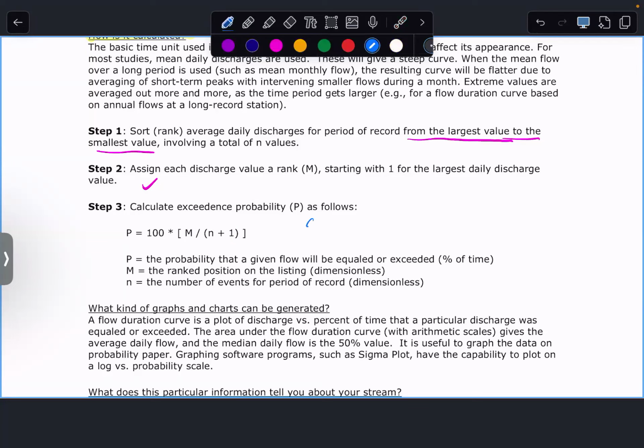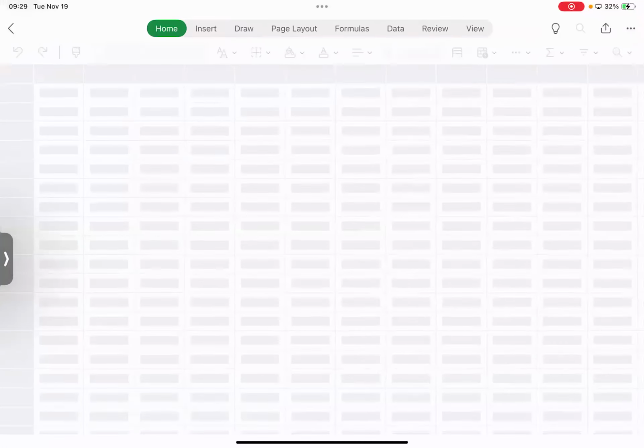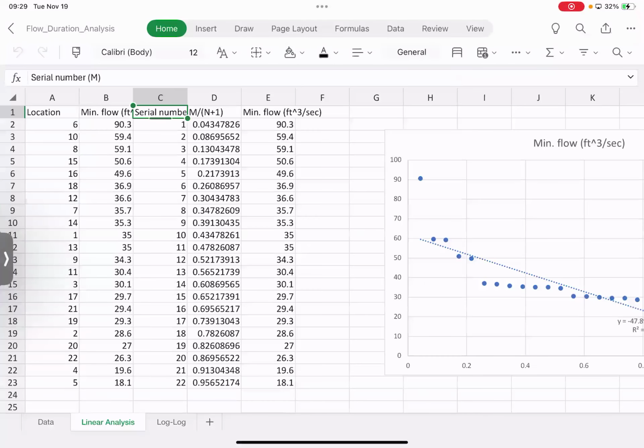And so here, consider M equals 1. Then P is going to be 100 times 1 divided by, how many N's did we have in our case? We had 22. So 22 plus 1 is what we're going to use.